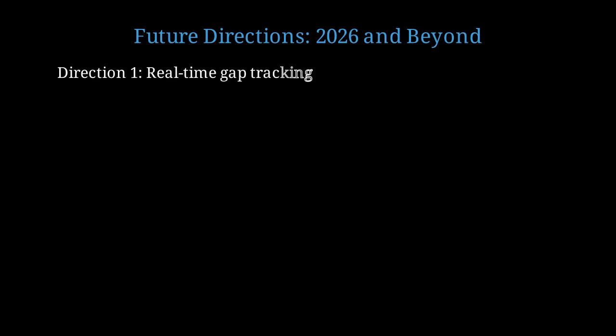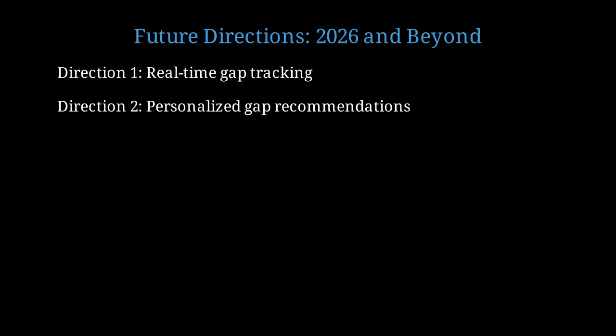Now let's look ahead to future directions for AI-driven gap analysis beyond December 2025. First direction is real-time gap tracking. Systems that continuously monitor new publications and update gap landscapes in near real time. Second is personalized recommendations. AI that understands individual researcher strengths and suggests gaps aligned with their expertise. Third is causal gap analysis.